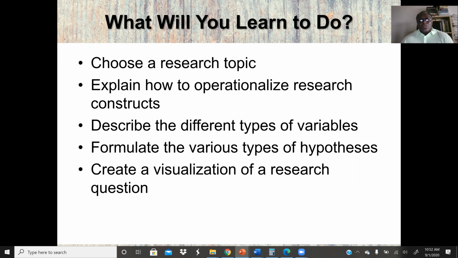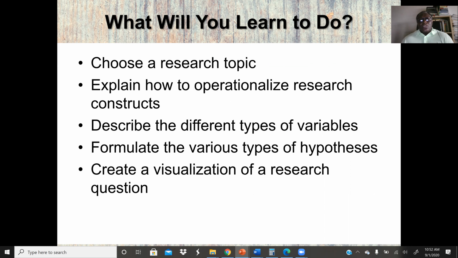First, we need to have an interest in something. When you are doing research, it's better to do it on a topic that you are interested in. And from there, we may have our objective, and from the objective, we may formulate a research question, possibly with the H0 and HA, which are the null hypothesis and alternative hypothesis.